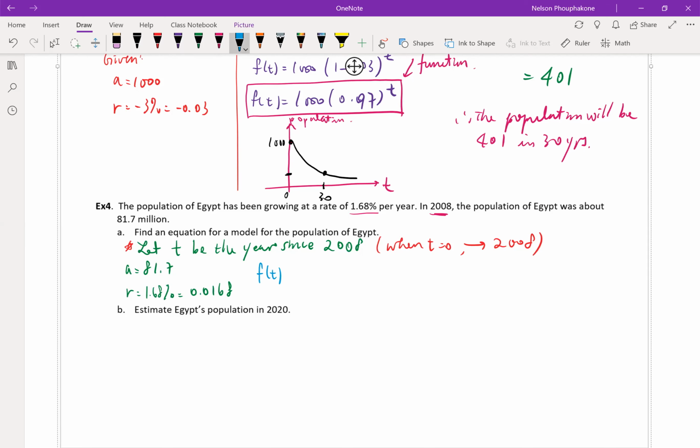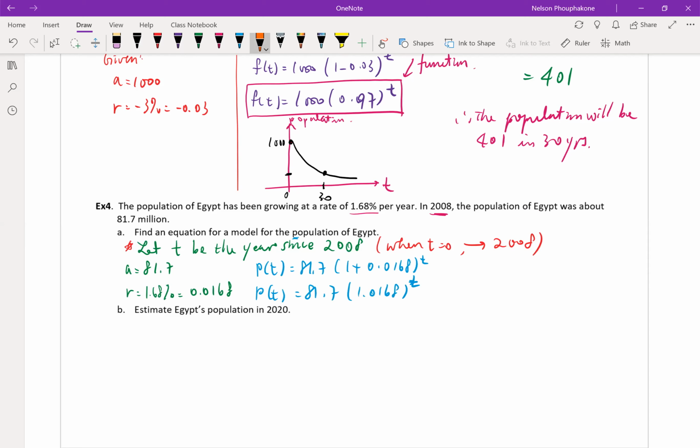Oh, since this is related to the population, how about I use p of t? P of t is 81.7 times (1 plus 0.0168) to the t, or p of t equals 81.7 times 1.0168 to the t. Again, this is my function.